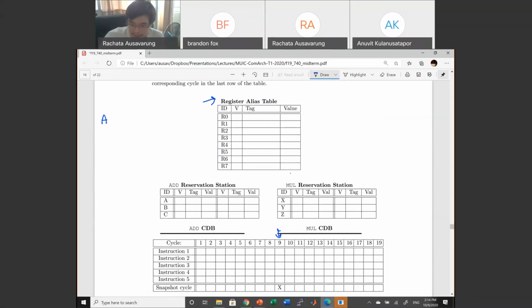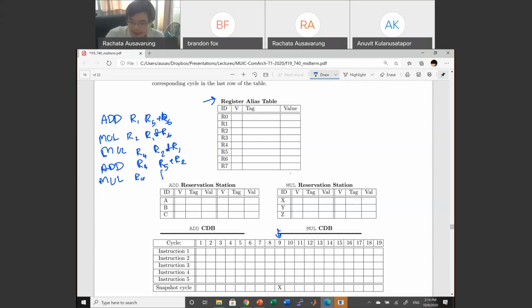What we do is add R1, R5 plus R6, and then you multiply R2, R1 multiplied by R6, then you multiply again R4 by R2 multiplied by R1, and then you add R4, you basically add R5 plus R2 into R4, and then the last one is multiply R4 by R4 into R4. So this is the same exact code in part A.